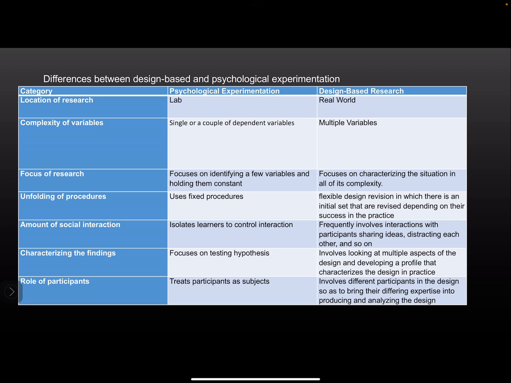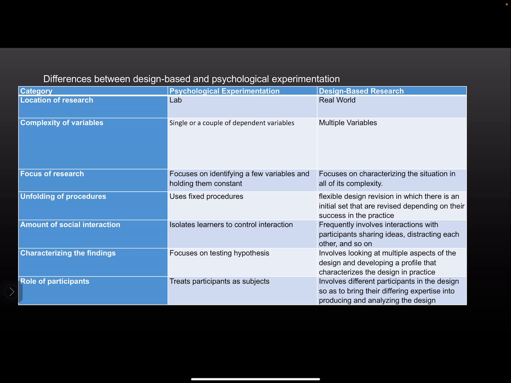The procedures: psychological experimentation uses fixed procedures, whereas design-based research involves flexible design revision, in which there's a tentative initial set that is revised depending on its success in practice. For social interaction, psychological experimentation tries to isolate the learner to control the interaction, whereas design-based research frequently involves complex social interactions, with participants sharing their ideas, distracting each other, and so on.